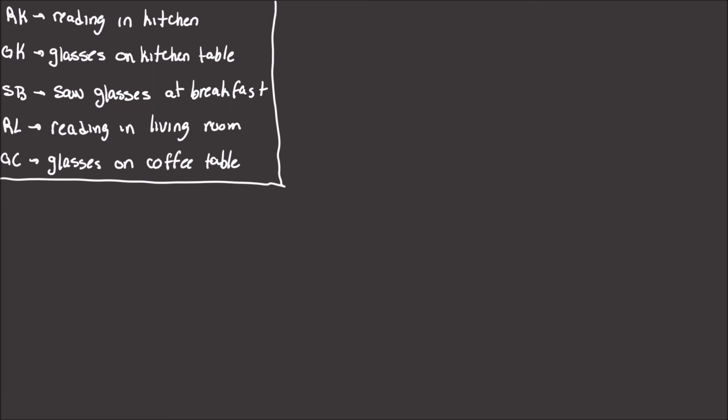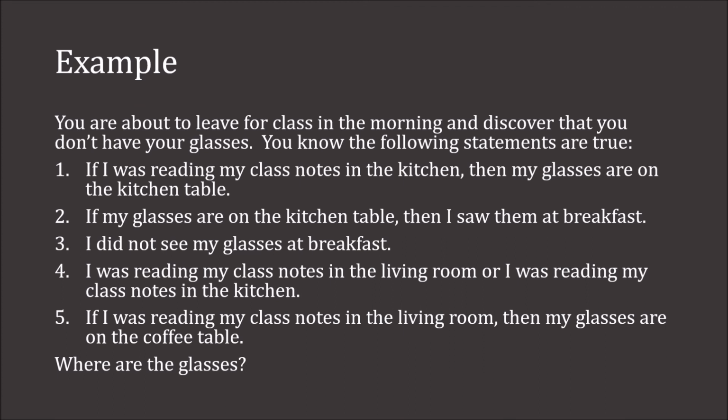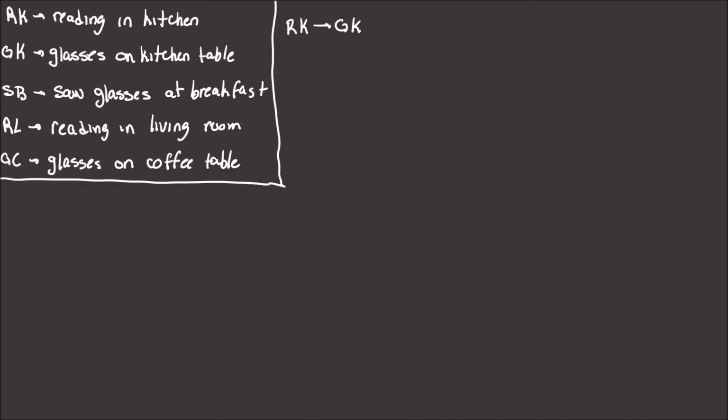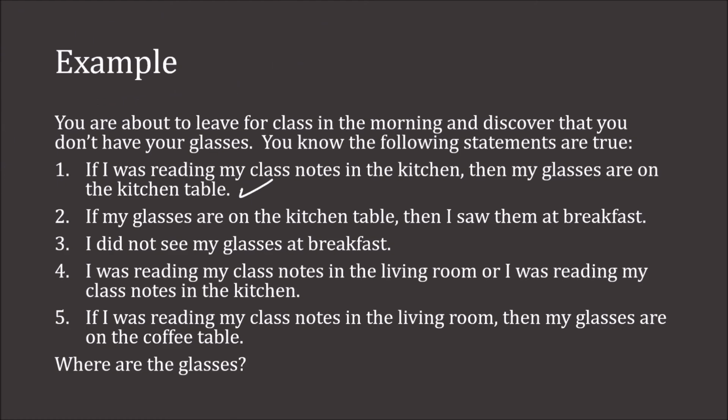The first statement said that if we were reading the class notes in the kitchen, then the glasses are on the kitchen table. That was this one. The second statement says, if the glasses are on the kitchen table, then we saw them at breakfast.